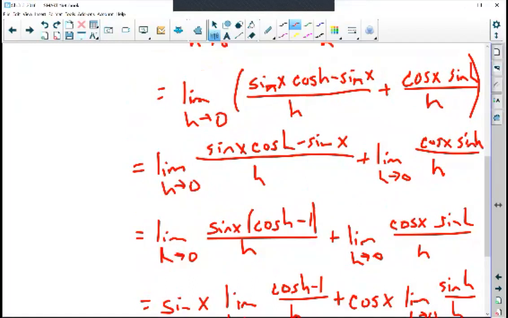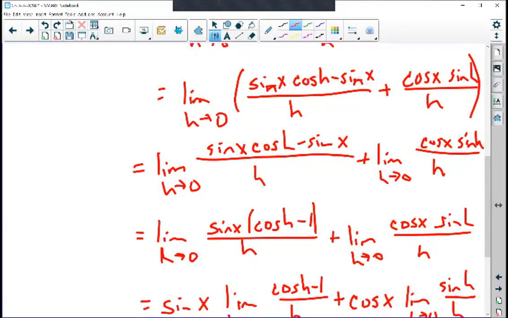And now because it's not affected by h, it doesn't matter what happens to h, sine x is just going to be sine x. Right? Because it doesn't have an h in it. So that limit doesn't affect sine x. So I can take it outside of the limit then.